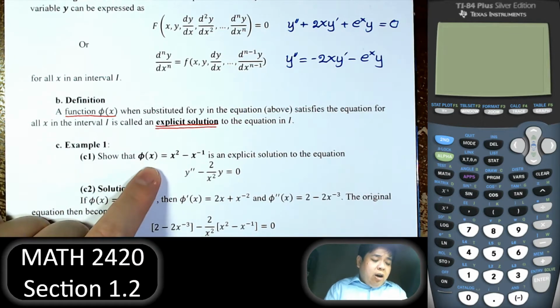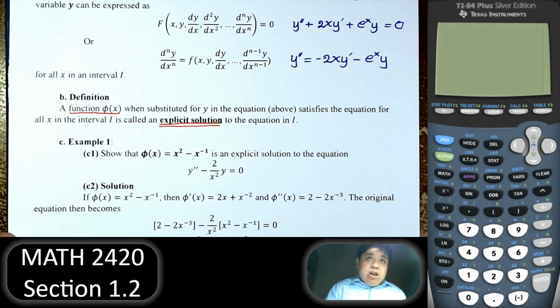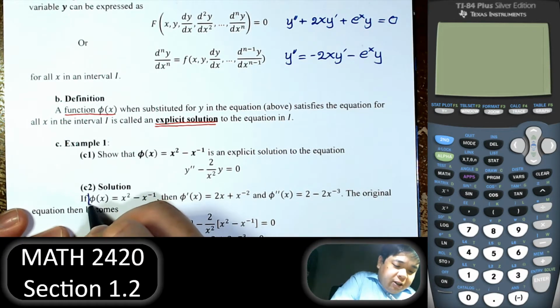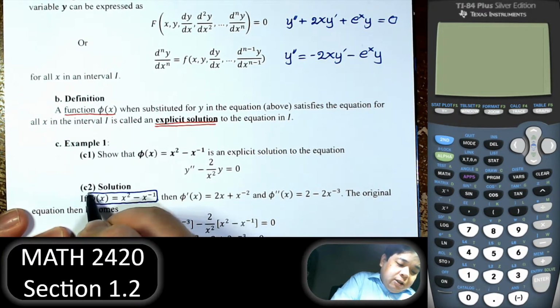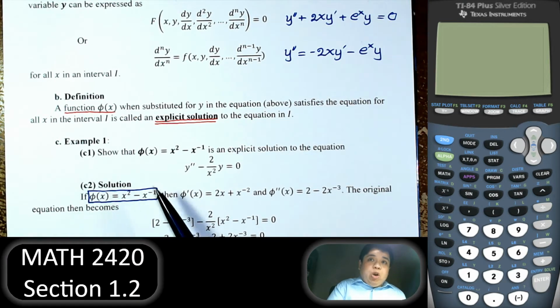Right. So let's look at the first example. Show that phi of x equal to x squared minus x to the negative 1 is an explicit solution to this equation. So first, the function is given. We spend the whole differential equations class learning how to solve certain types of equations.